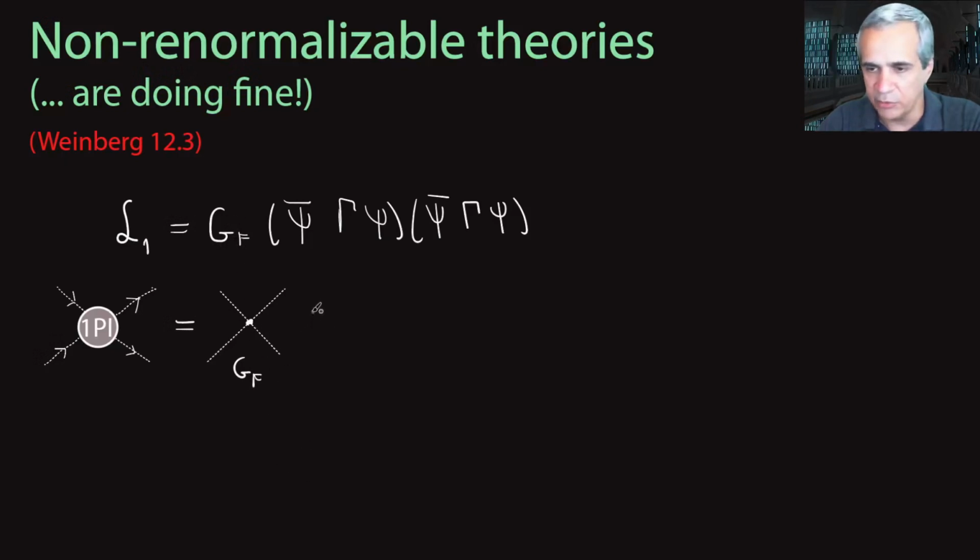The next contribution is where the loops start to appear, and then renormalization becomes important. So you have a loop that looks like this. Now we'll talk about fermions, so I have to give a direction. And you have these external lines which are amputated, and they also have a direction here.